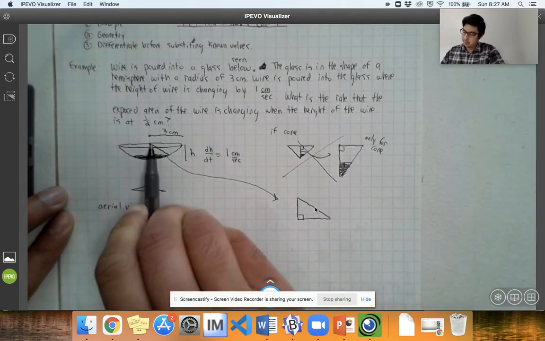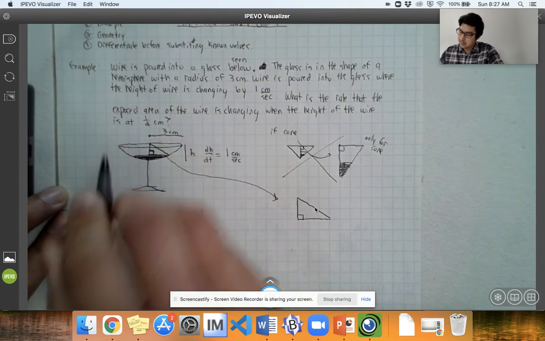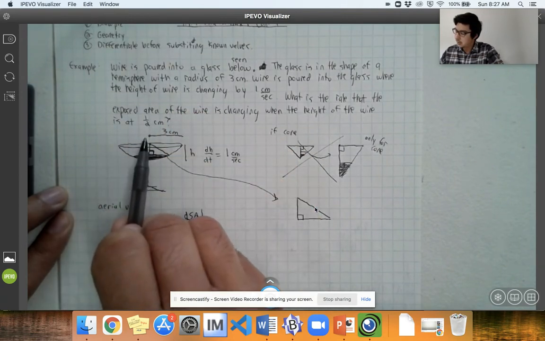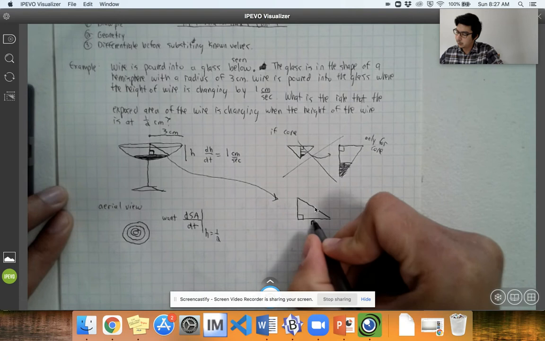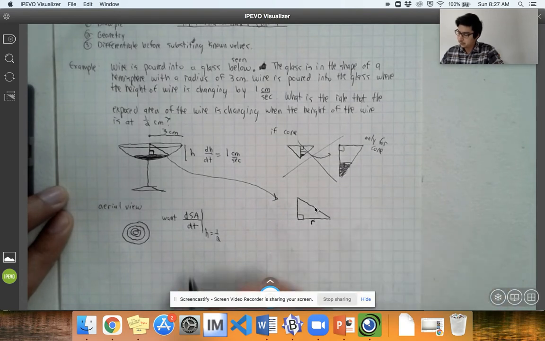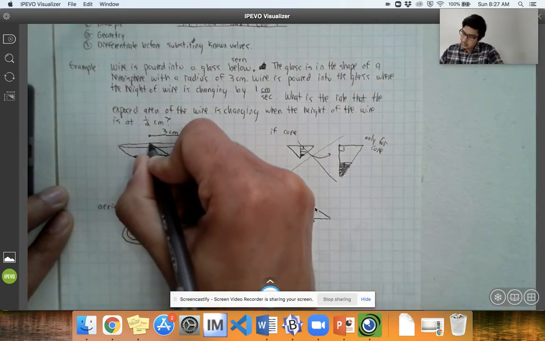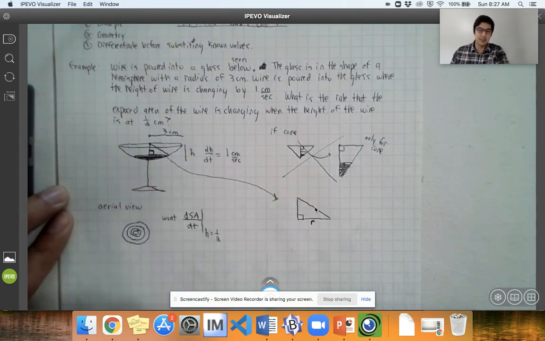Now, what we see from this picture is that this is the radius of the wine. We don't know the radius of the wine. And the distance from the top of the glass to the edge of the glass, well, since it's a hemisphere, that's the same all the way around. That radius is uniform.